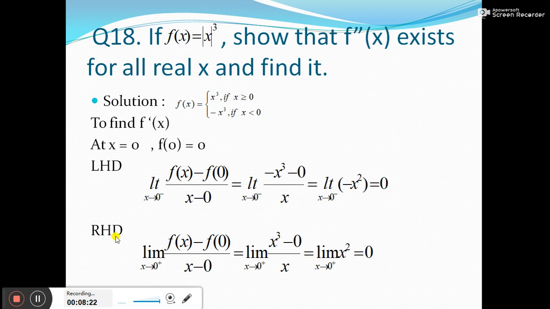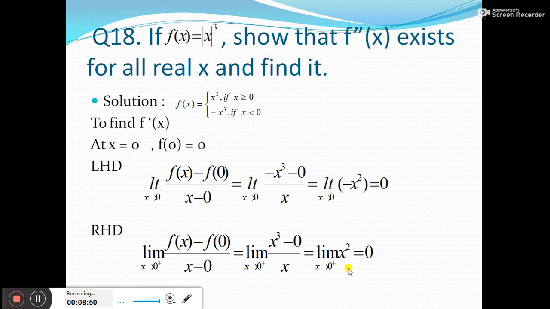Now for the right hand derivative, we have limit x tends to 0 positive, f(x) minus f(0) upon x minus 0. For x greater than 0, the function is x cube, and therefore it becomes limit x tends to 0 positive, x cube minus 0 by x.